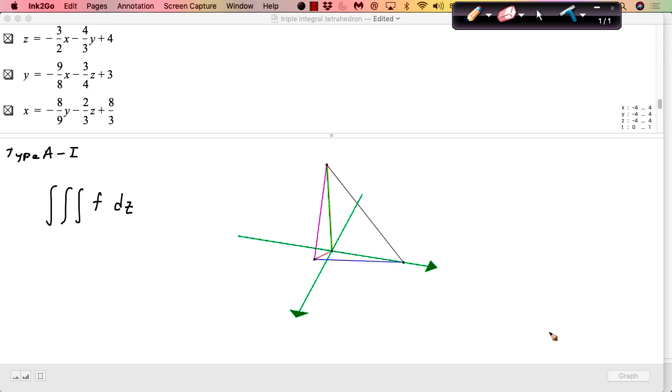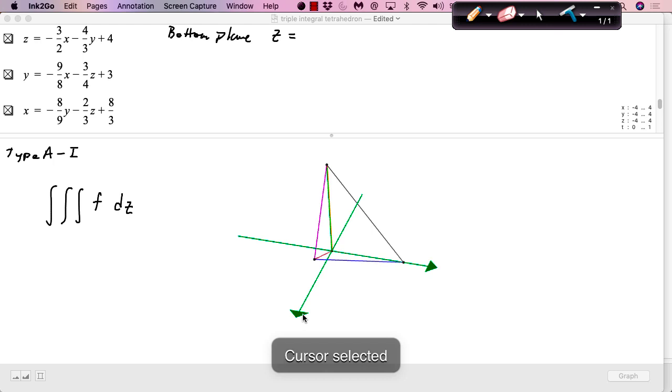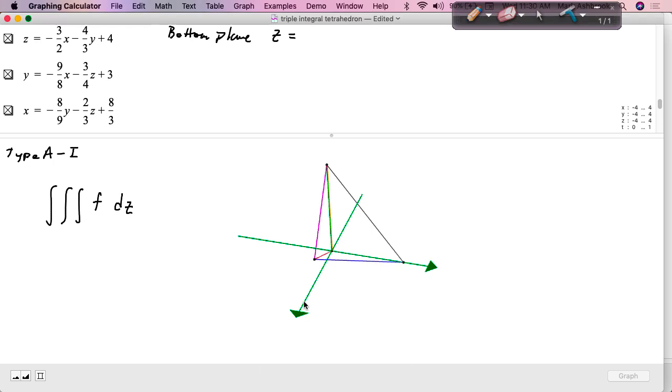So what was our bottom plane? Did anyone get that? Z equals? It's really just a function of x, right? Z values are just a function of x.